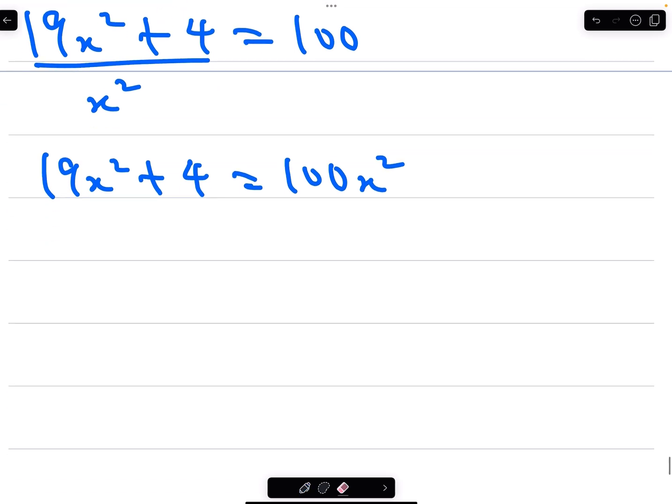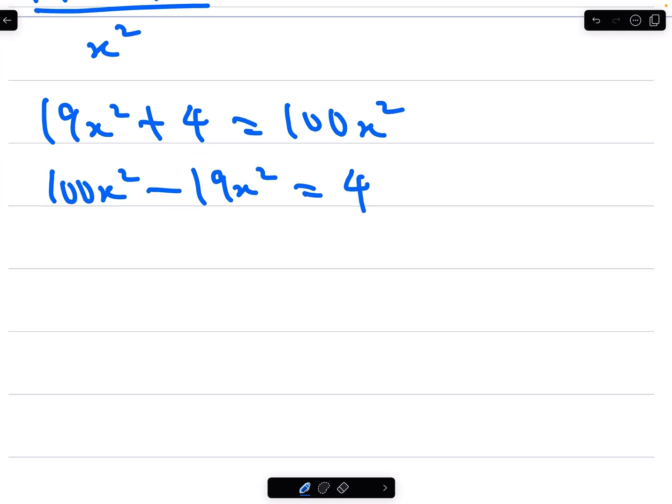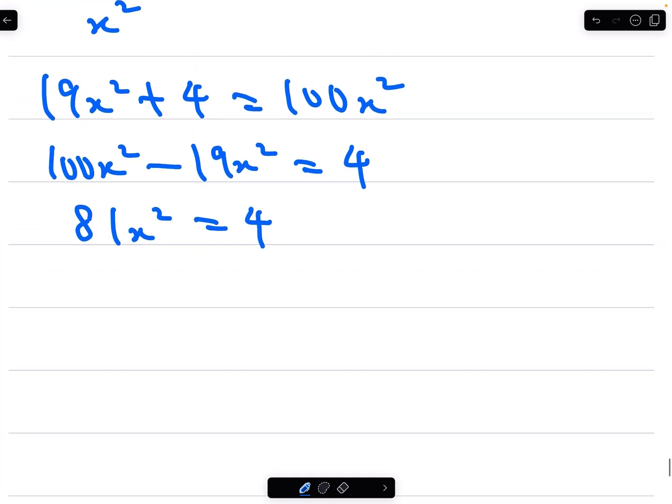And now, what do we say? This simply means 100x squared minus 19x squared will now be equal to 4, which simply means 100 minus 19 is 81, so 81x squared equals 4.